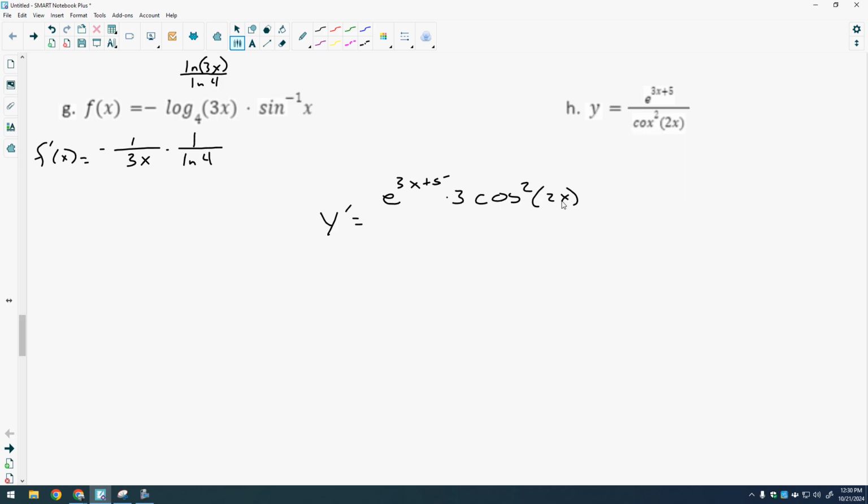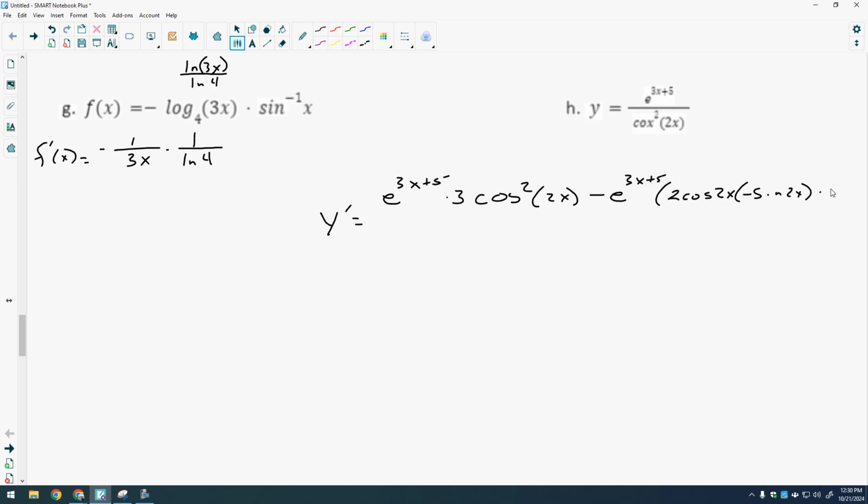The derivative of the top times the bottom minus the top times the derivative of the bottom. Derivative of cosine is a negative sign. No, sorry. My outside function is a 2, so I'm going to do 2 down in front. Leave the cosine alone. Now multiply by the derivative of cosine, which is a negative sine.